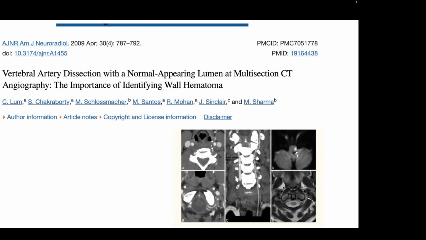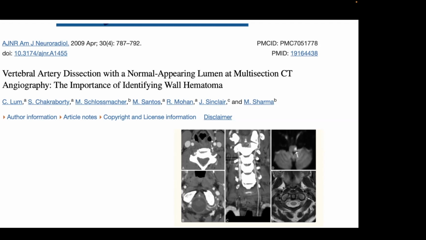Can we call it chronic dissection, or we name it only dissection and it's enough? That's the question. Thank you. Yes, I would. Unless I had a previous scan, I would just call it a dissection. And I think most of those cases that I've seen are acute.